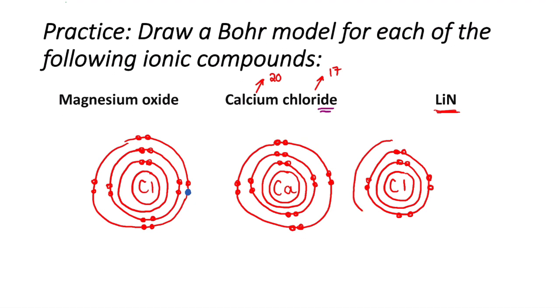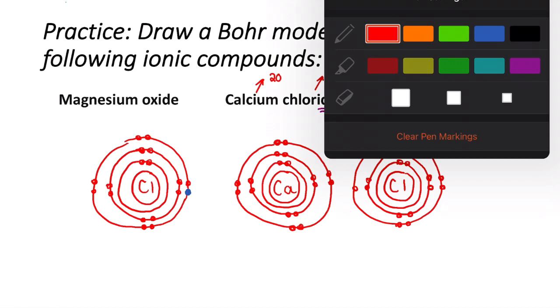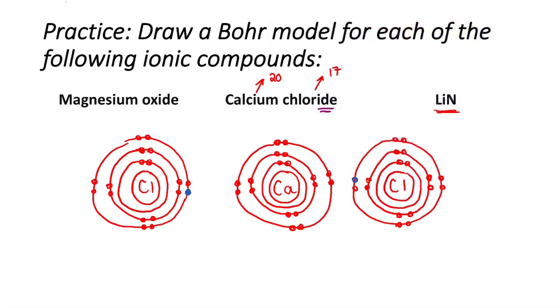So again, we're at 10. Okay, and then again, it's going to pick up that extra electron that calcium has in its valence shell. So now all atoms have full valence shells, so they're all happy.